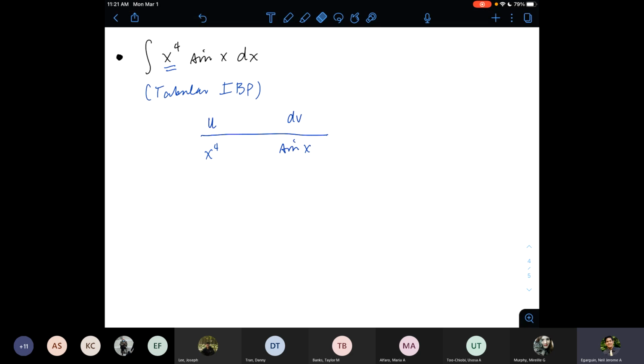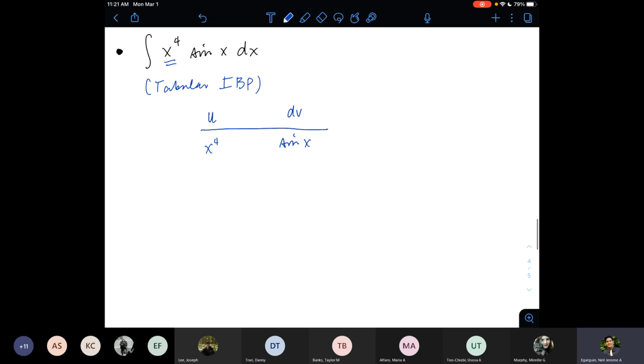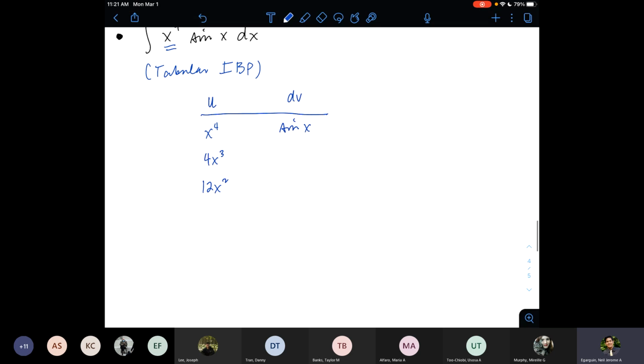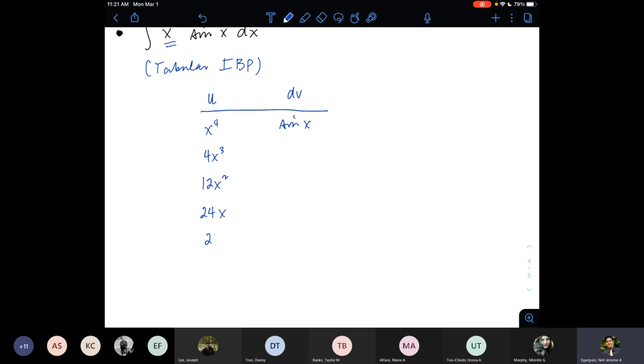So what do we do with the u's? We differentiate the u's. So here I'll have 4x cubed. Another round of IBP gives me du, which is 12x squared. Another round will give me 24x. Another round will give me 24. Another round will give me 0. But the nice thing is after I get derivative 0, everything here will be 0.